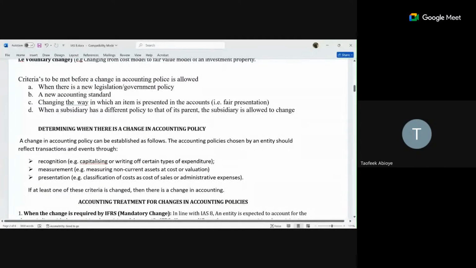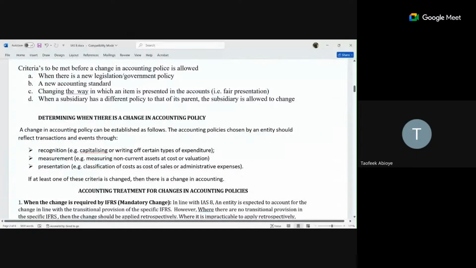Determining when there is a change in accounting policy. Changes in accounting policy can be established as follows. The accounting policy chosen by an entity should reflect transactions and events through recognition, measurement, and presentation. That means where a change occurs, how should that change be presented? How should that change take effect in the operation of a particular company? So the change can come in the form of recognition, that is capitalizing or writing off a certain type of expenditure.